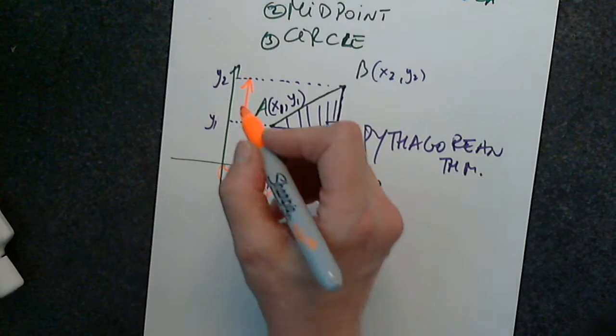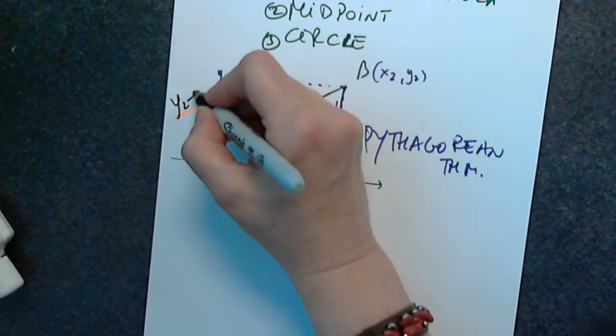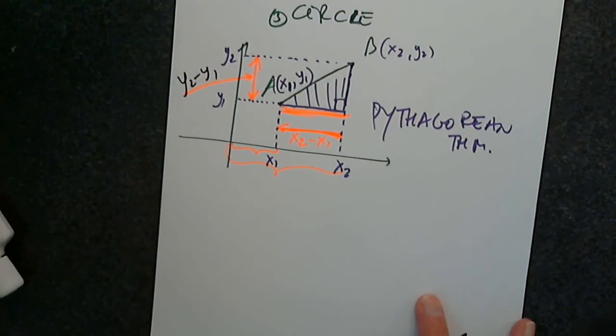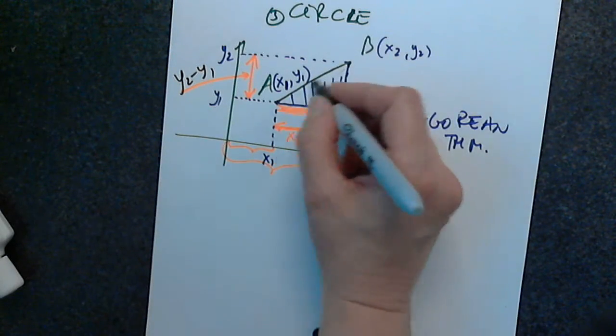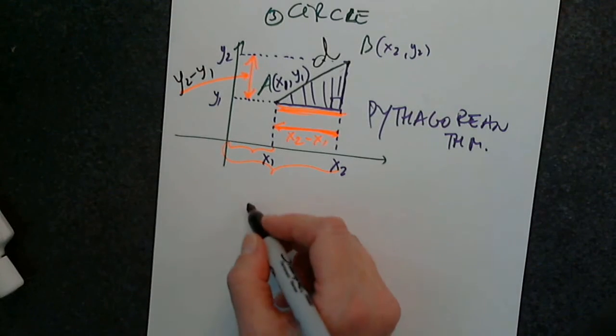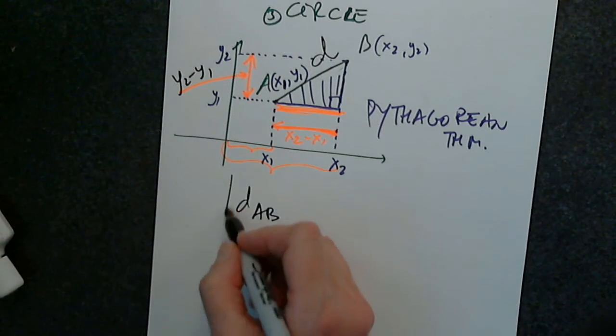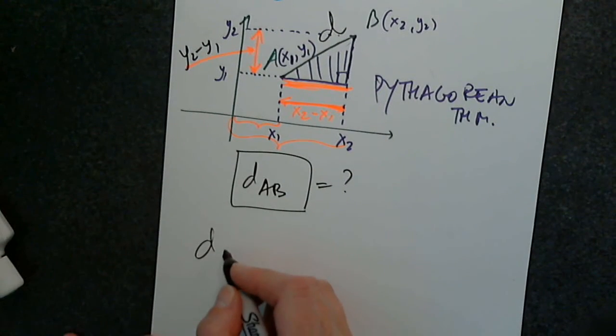In the same way, we will determine the measure of the other leg. Can anyone tell us what the measure is for the other leg? We all agree with that? So then, anyone remembers the Pythagorean theorem? I'm gonna denote the distance between A and B by lowercase d. So the distance AB. This is what we're after. So what is the distance?